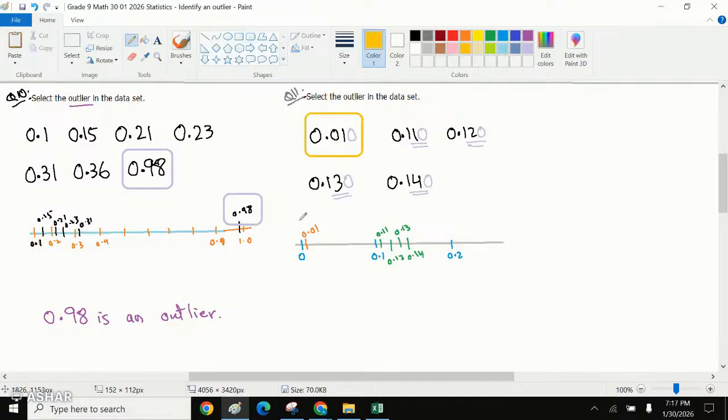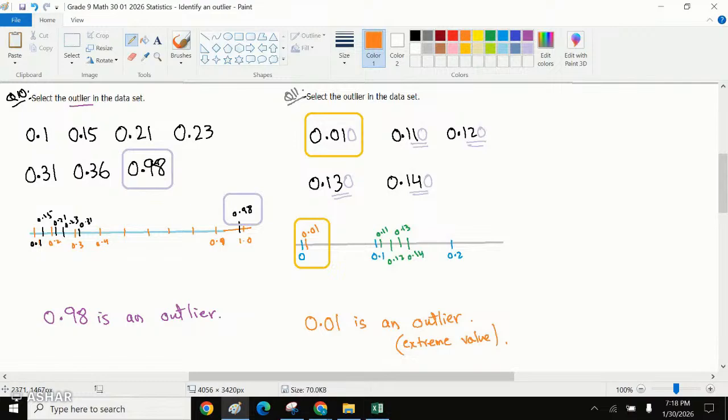So can we say that 0.01 is an outlier in this case? That means it's an extreme value. The extreme value can always be the maximum value or the minimum value. The extreme value cannot be in the middle anywhere. Agreed?